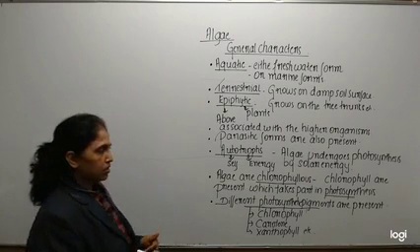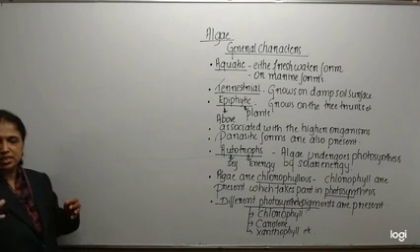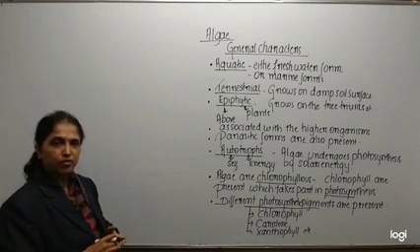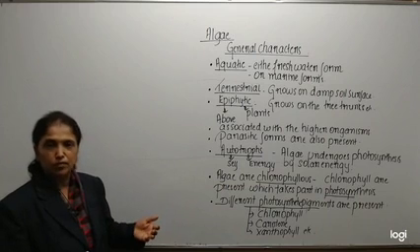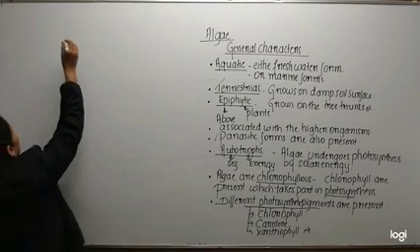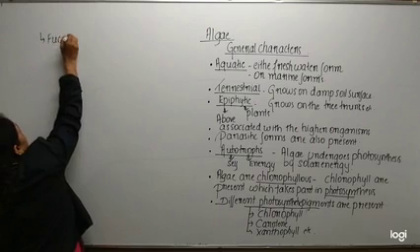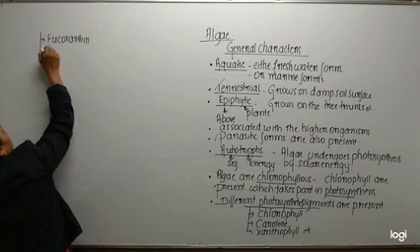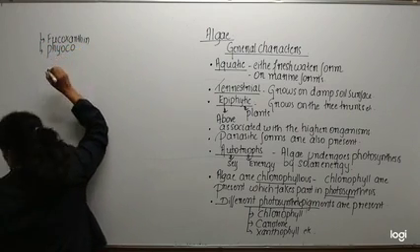And next comes the blue-green algae, as we studied in the case of cyanobacteria. There we mentioned phycocyanin, if you remember. Similarly, here also we find phycoerythrin. It also contains fucoxanthin and phycoerythrin.